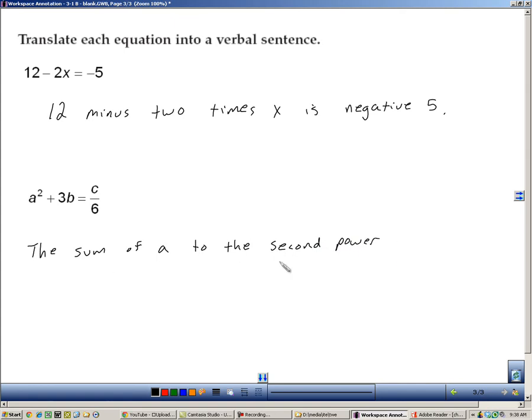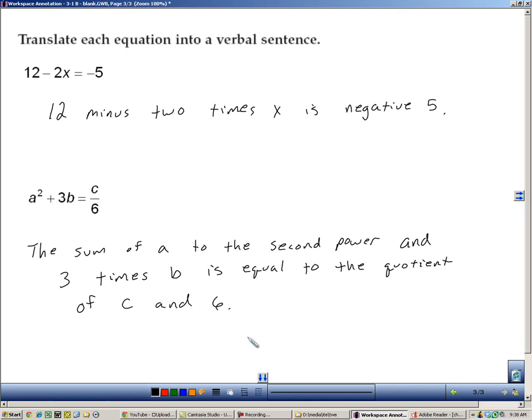So the sum of a to the second power, and there's the word and again, and 3 times v is, now this is division here, so I could say is equal to the quotient, and remember the word quotient means division, is equal to the quotient of c and 6. So there I use the word sum and quotient in the same verbal sentence.